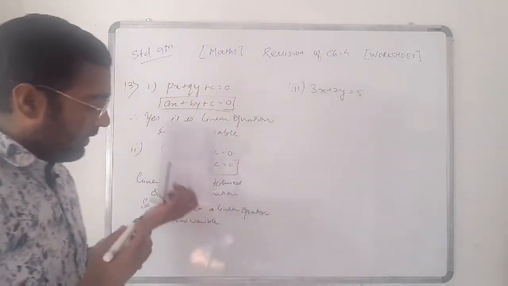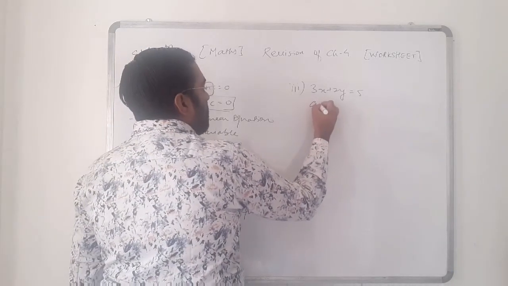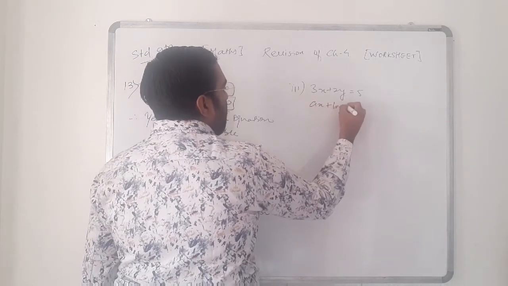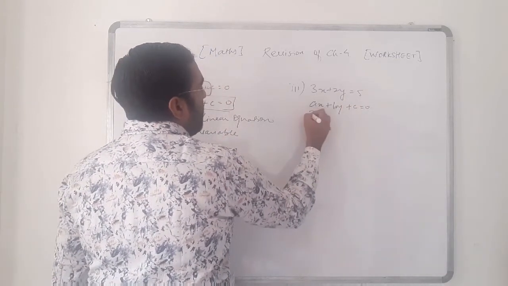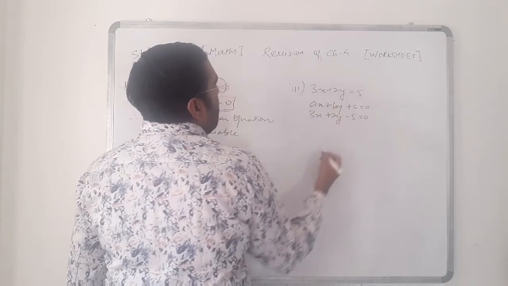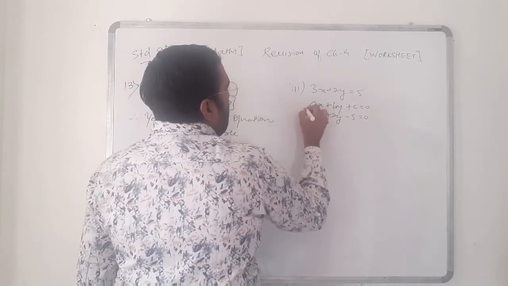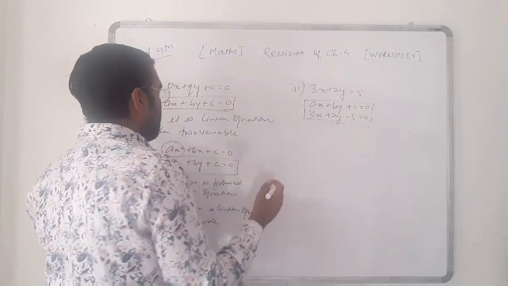So in this case we are seeing that my linear equation in two variable is ax plus by plus c equal to 0, and here this equation is 3x plus 2y minus 5 equal to 0. So both of the conditions are satisfied here.